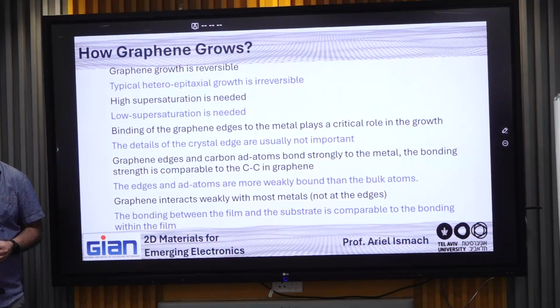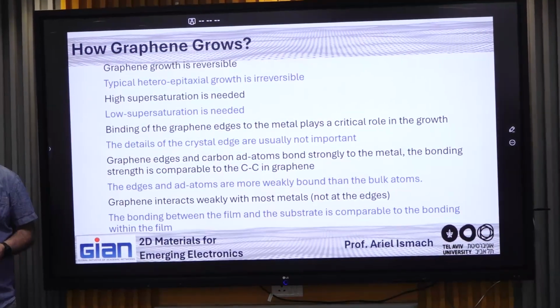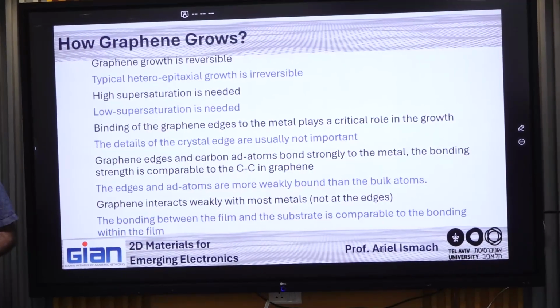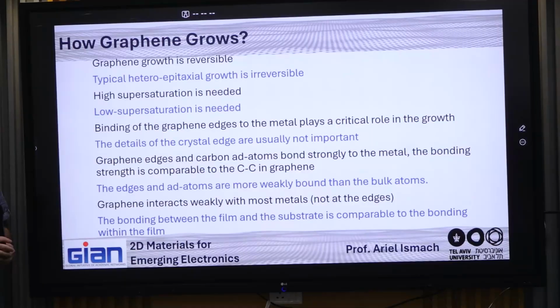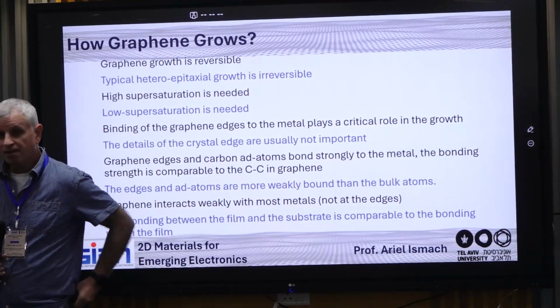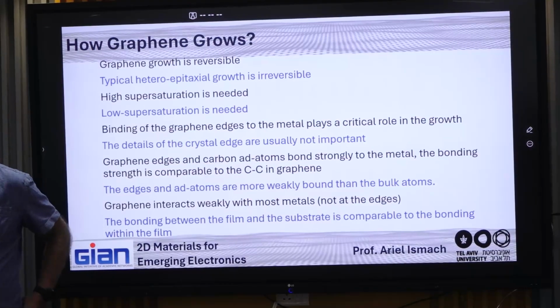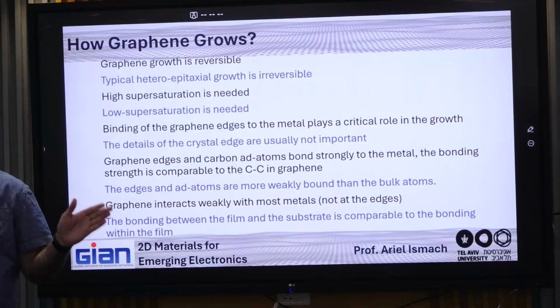So here we list a few differences when we compare the graphene growth and the growth of thin films. The growth of graphene is reversible, meaning that we are flowing the CH4, the methane.